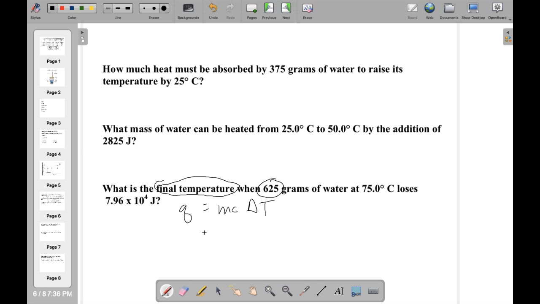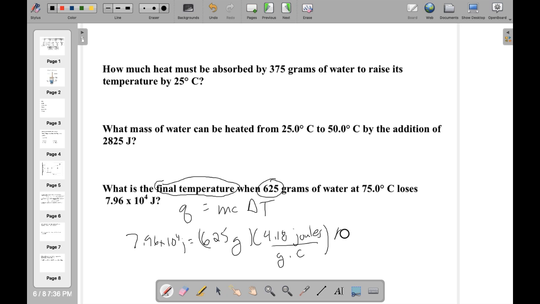So we have 625 grams right here. So we have 7.96 times 10 to the fourth joules equals 625 grams, that's the water, times 4.18 joules per gram Celsius, right?